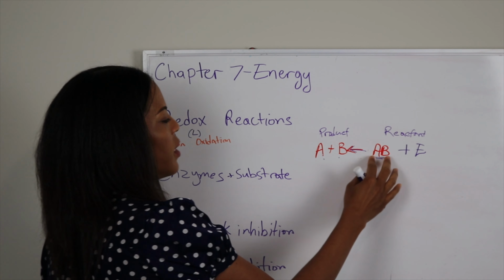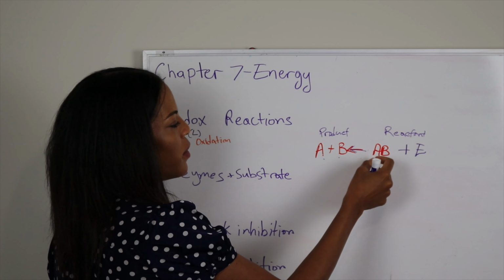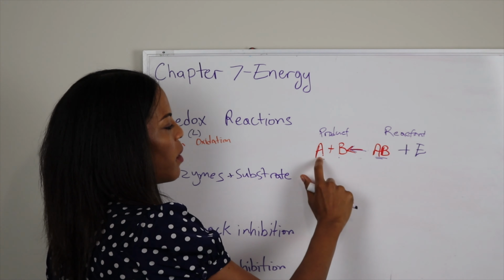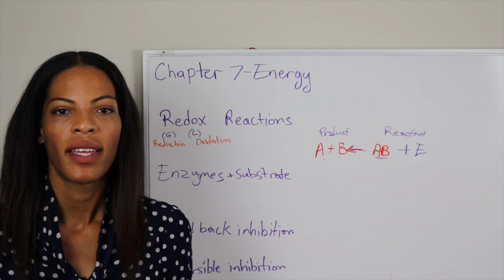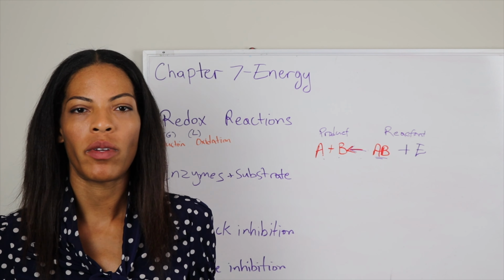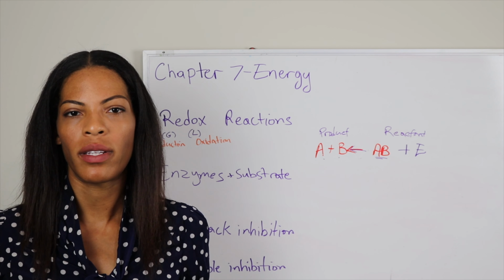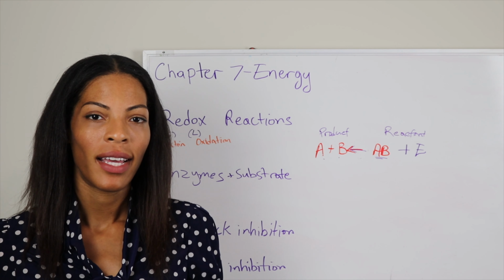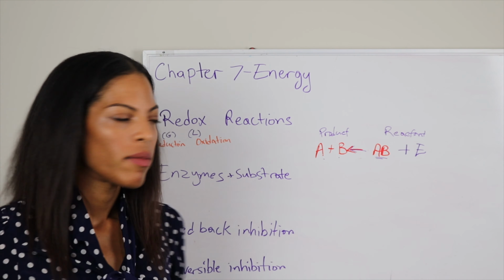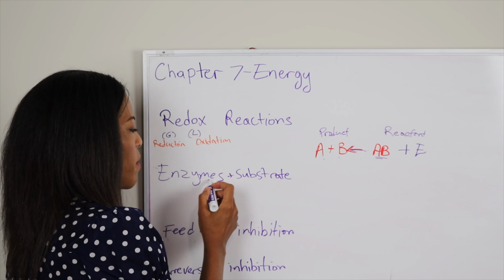In order for this to break apart, or be catabolized into two separate pieces, you need an enzyme to help it. There are lots of different types of enzymes, and you'll learn about different ones as we go throughout the semester, but they're there to help different types of reactions occur more quickly.